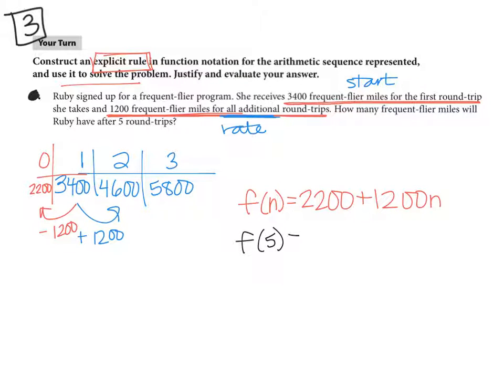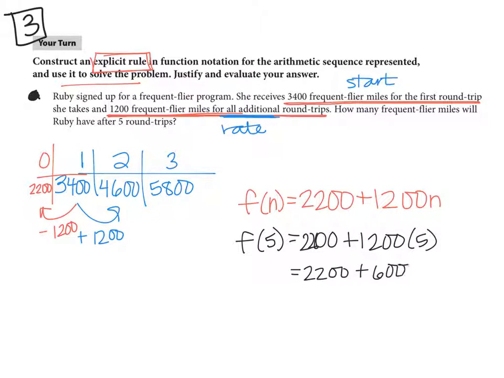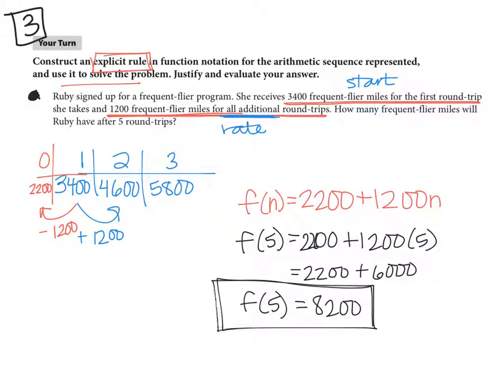That's just asking me to solve f of 5, which with explicit, remember, that's really easy. You're just plugging into the equation you have written. All right, that's going to give me 2,200 plus 6,000. So f of 5 equals 8,200, which means after 5 trips, she will have 8,200 miles.